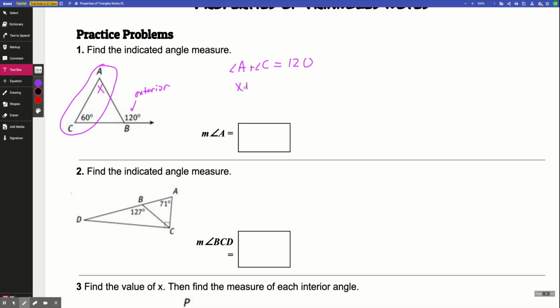So I have X plus 60 equals 120. That means that X is 60 degrees. So that's the measure of the angle that I'm looking for.